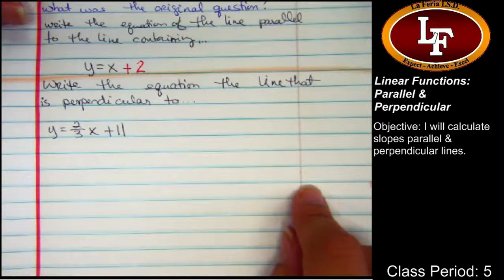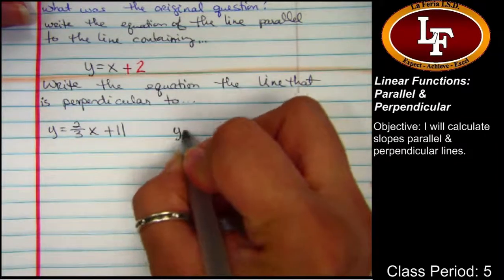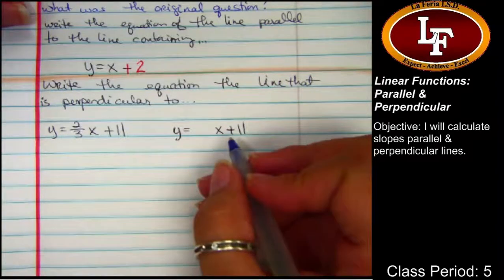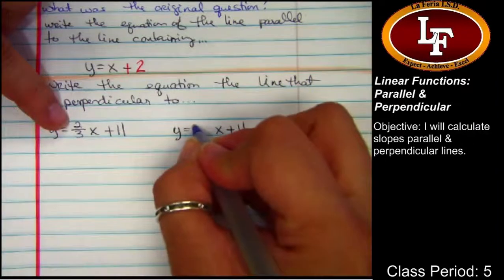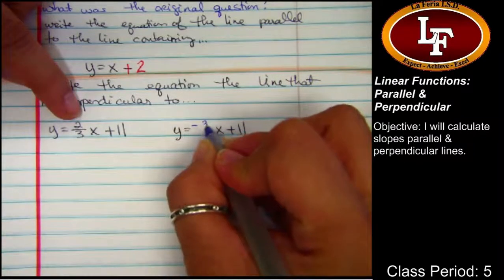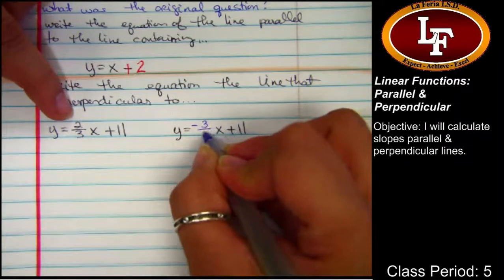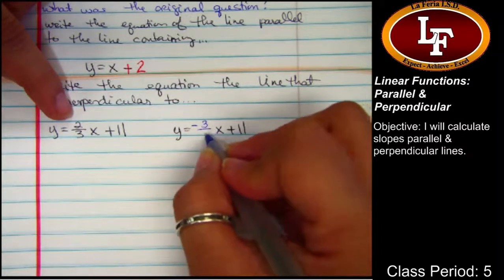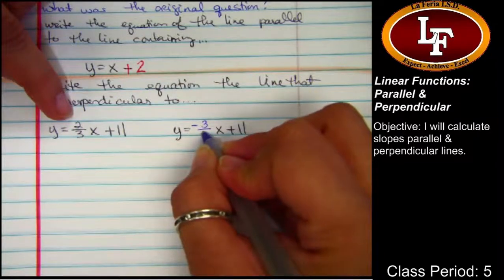What did Perpendicular Man say to do? Change the sign and flip the fraction of the slope. He was the bossy one. So I'm going to leave everything alone except the slope. Flip the sign. This is positive, so this is negative. The bottom was 3, so the top is 3, and the bottom is 2.